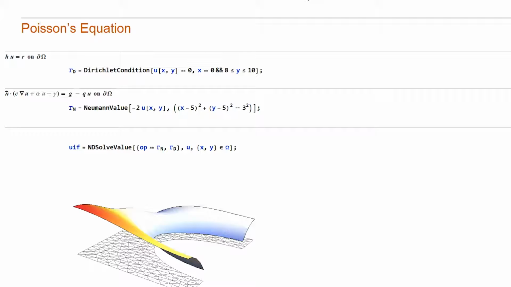Next, we specify a Neumann value on the semicircle that's the inner part of the region. We can then use NDSolveValue and specify that the operator is the same as the Neumann value, the Dirichlet condition, and u the dependent variable, and x and y are elements of omega, the region specified previously. And we can visualize the result below.